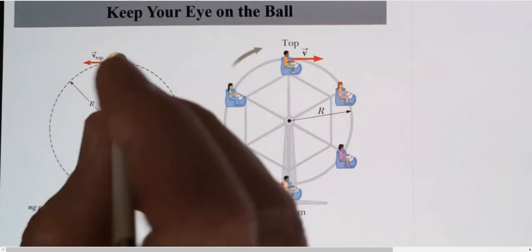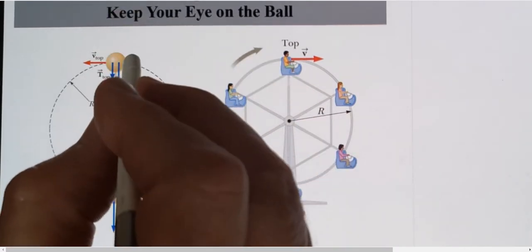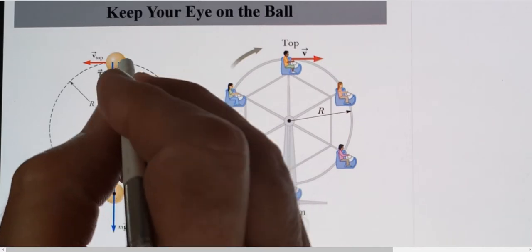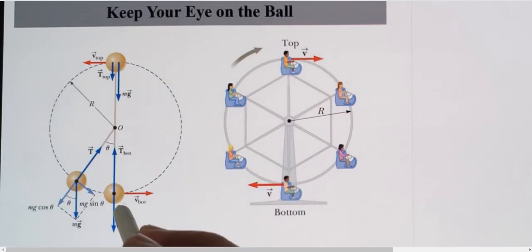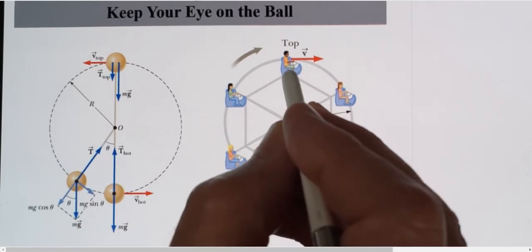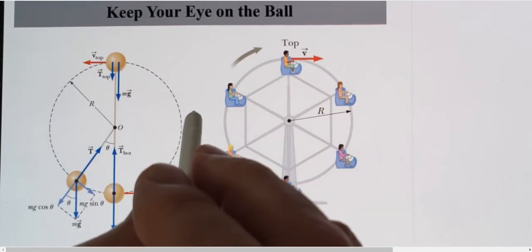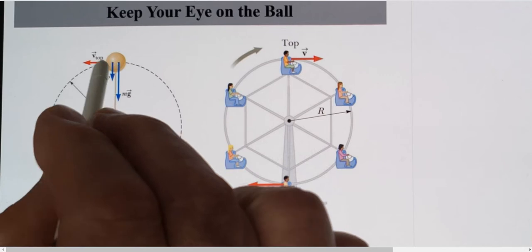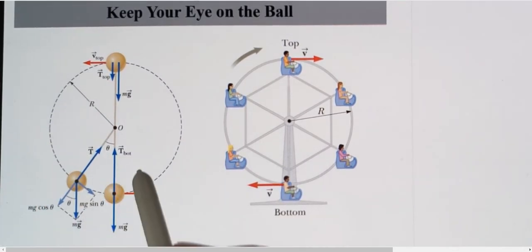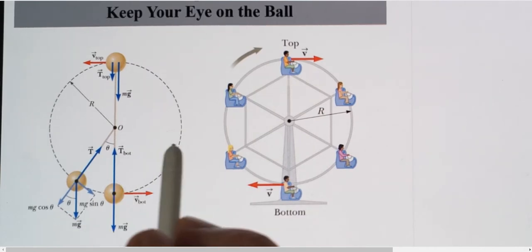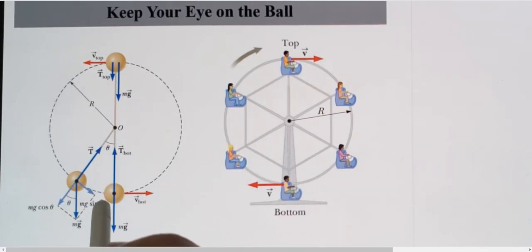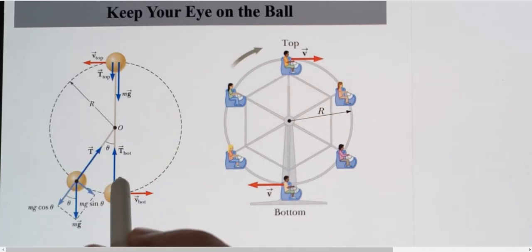Previously we studied the normal force at the top and the normal force at the bottom. Now let's assume that we don't have a seat that is fixed. Let's assume that we have an object and it is attached by a string. So we have tension instead of normal force, that is keeping the body going into a circular motion.